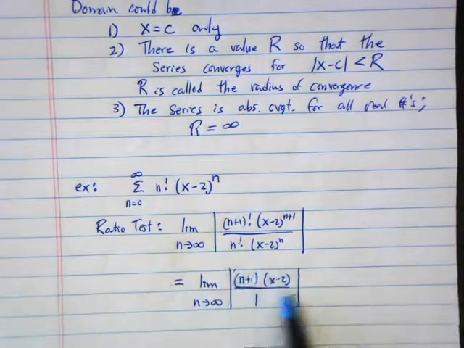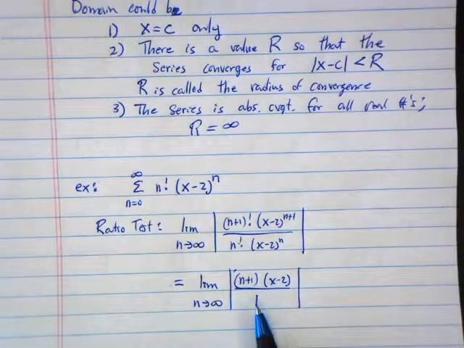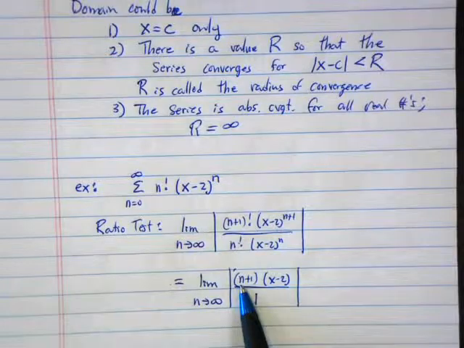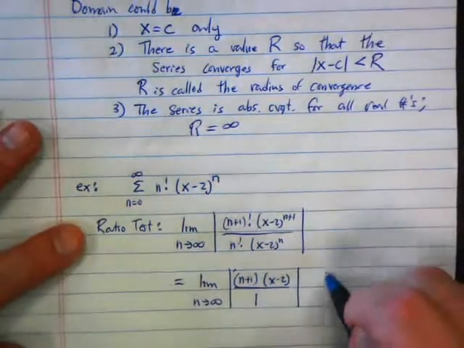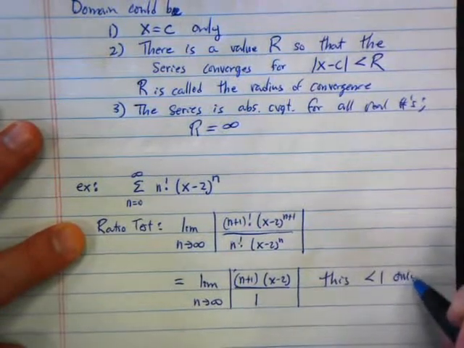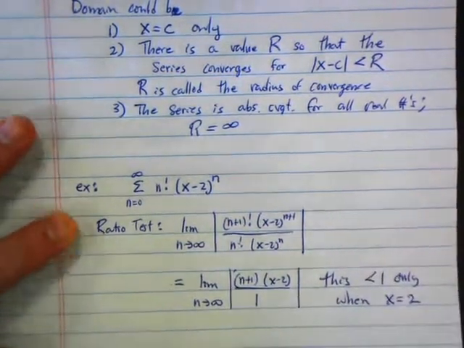So when is this limit going to be less than 1? Never? Only when x is 2. Why only when x is 2? Because that'll be 0. 0 times anything is 0. This is less than 1 only when x equals 2.